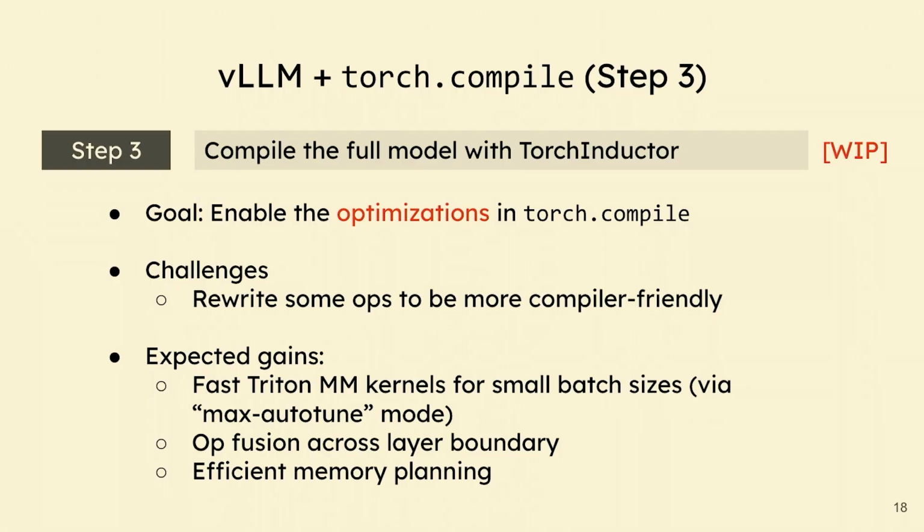We want to avoid unnecessary recompilation, and we also have some special handling for in-place custom ops. Next, we are enabling Torch Inductor to optimize those captured graphs. We hope that with Torch Inductor, we can optimize performance using Triton kernels for those small GEMMs, and it can do operation fusion more aggressively and do more memory-efficient memory planning.